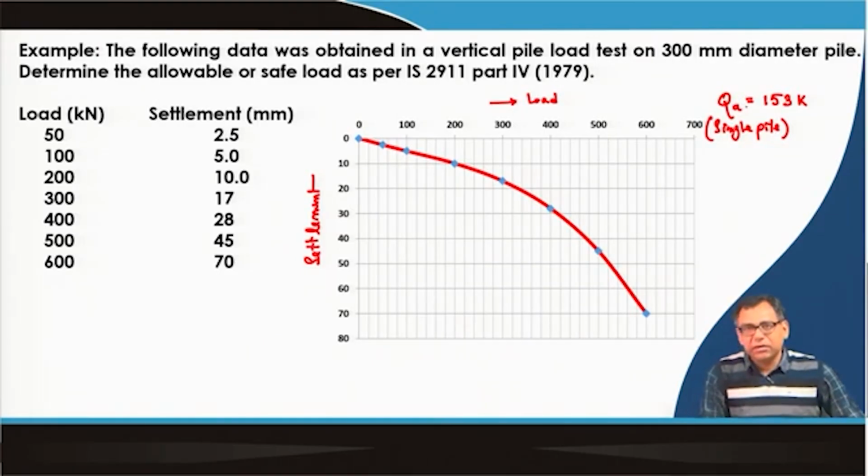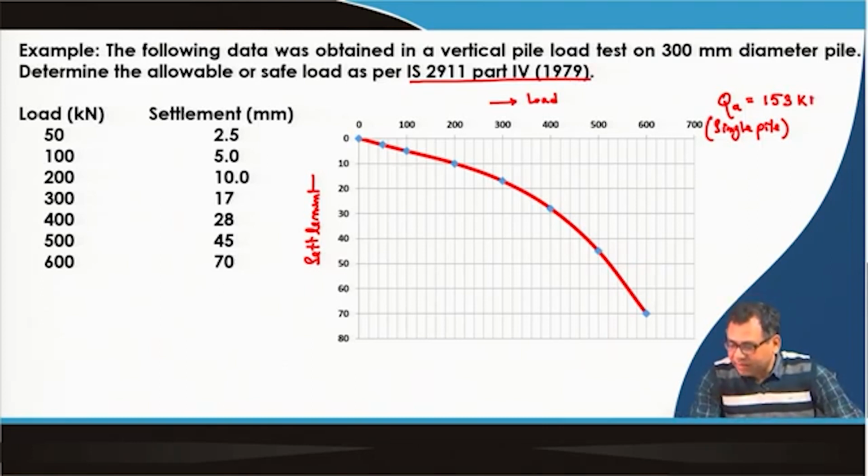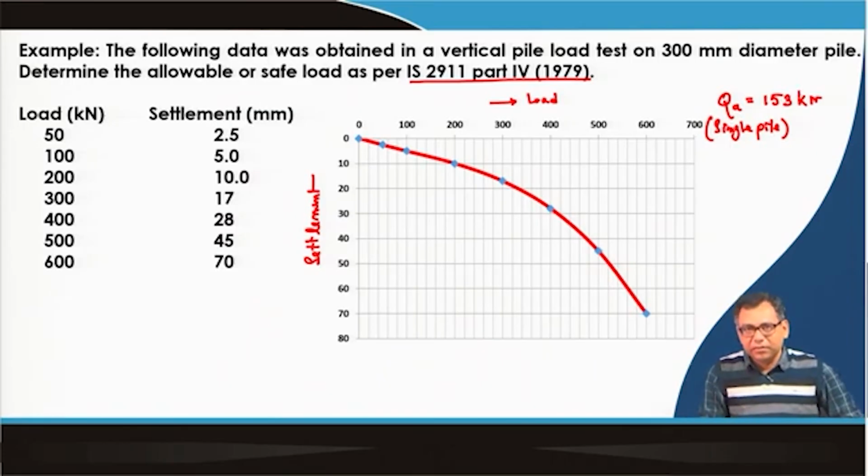So, based on the IS code recommendation, we have already determined the allowable load carrying capacity of the pile, and that value was 153 kilonewton. In this same load settlement plot we used to determine the allowable load carrying capacity. Now, the settlement corresponding to 153 kilonewton will be something like here.